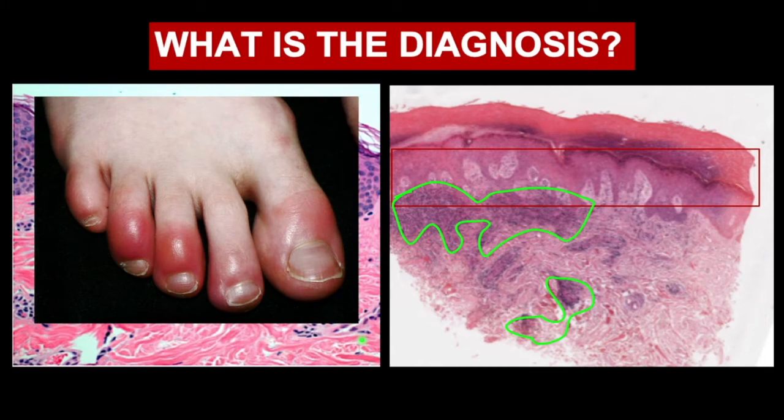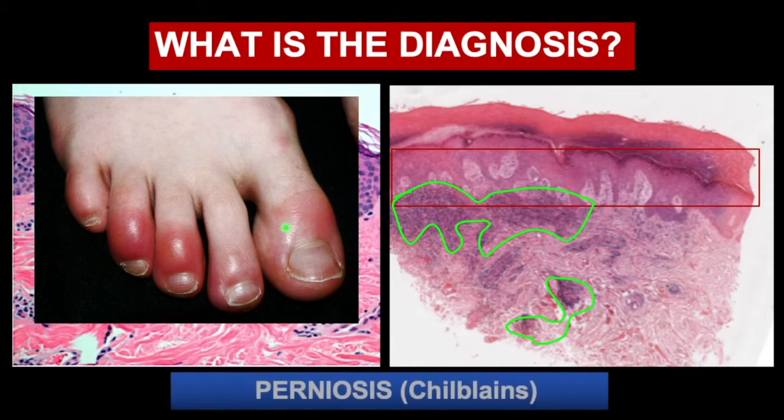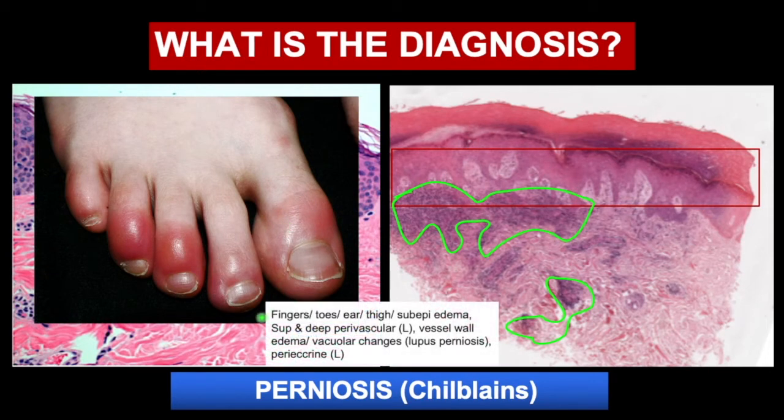So if you look clinically, these lesions affect the toes and the fingers, most commonly in cold weather. So this is perniosis or chilblains, and the main features we see are fingers, toes and ears, sometimes the thigh, and subepidermal edema.